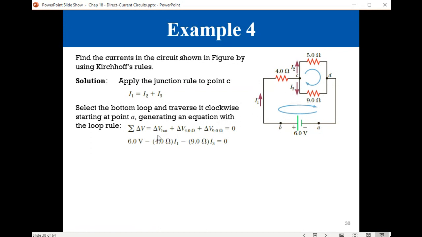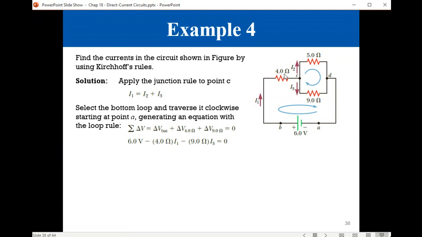Now, in order to simplify, for the battery, we are going from negative to positive. We are moving clockwise, from A to B. So you have a potential rise. Therefore, it is positive plus 6 volts.